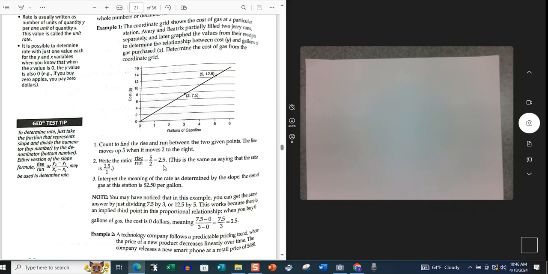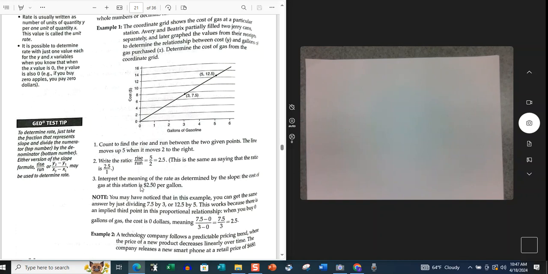Now, we would stop here because the directions told us that we would leave this as a decimal or a whole number. But in this parenthesis, it says this is the same as saying that the ratio is 2.5 over 1. So under normal circumstances, we would have the 2.5 over 1. But in this case, they want us to just have the 2.5. Now, number 3, it says interpret the meaning of the rate as determined by the slope.